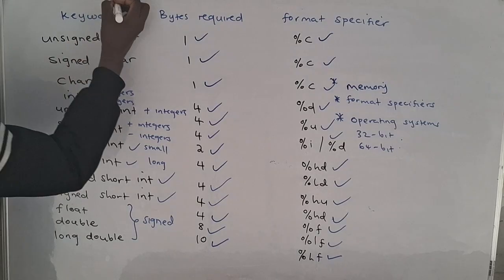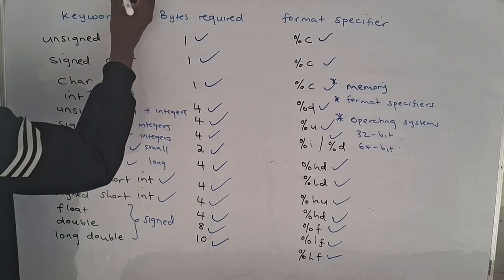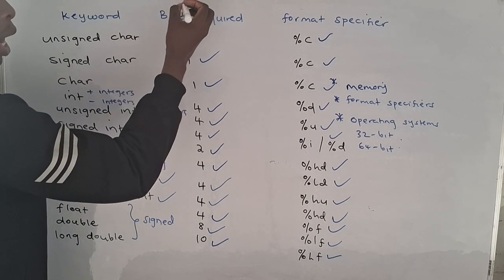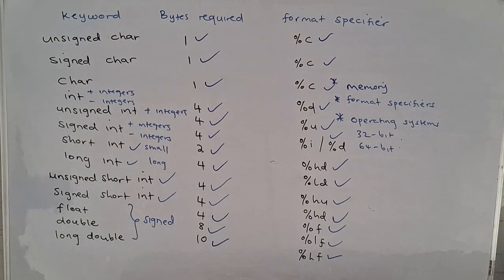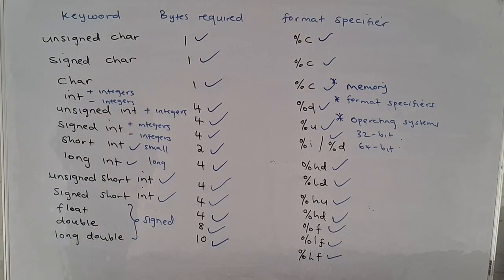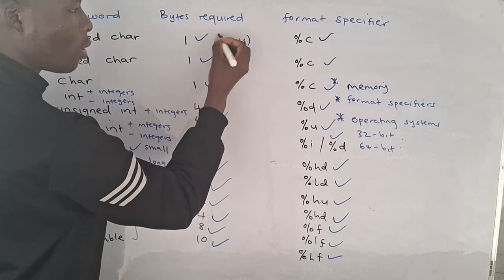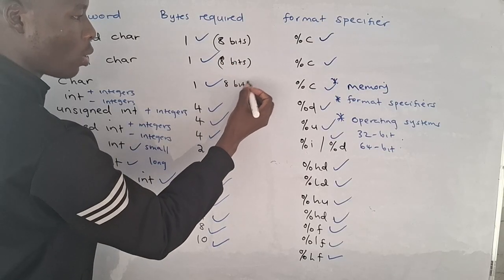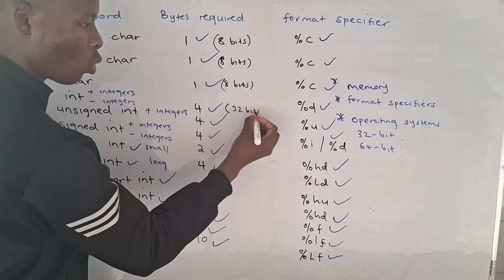Don't forget, we have what we call a byte and we have what we call bits. 1 byte is equal to 8 bits. So if I am saying 1 byte, it means 8 bits. This is 8 into 4, which means 32 bits.